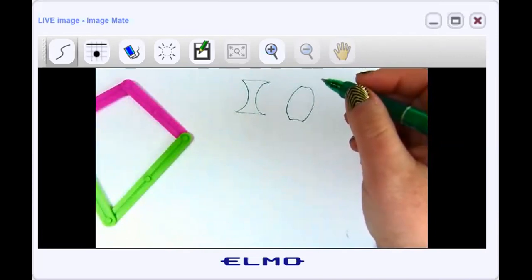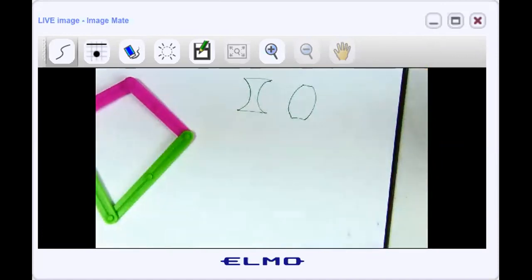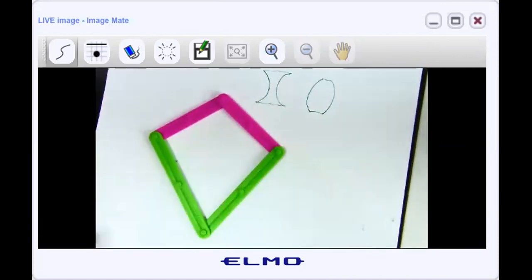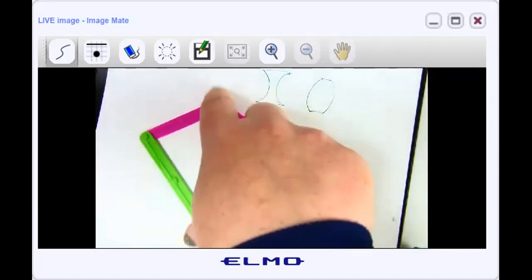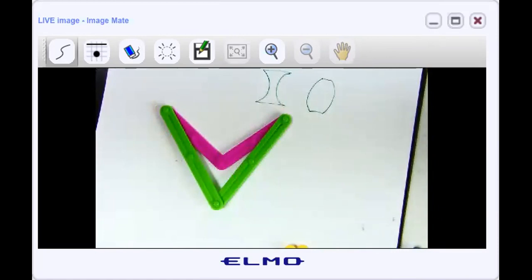I don't know. Anyway, that's a side note. But there's your kite. Oh, the eye socket? Maybe. I thought it was more inner parts of the eye, like the cones and the rods. Do you guys still learn about that? I remember learning it. But anyway, there is your kite.